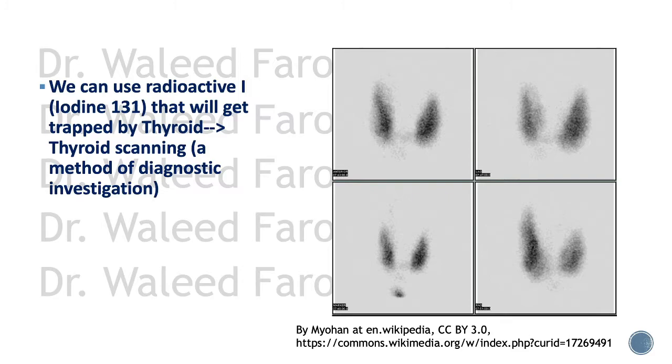It doesn't affect the body, but it's taken up by the thyroid gland. So you can take an X-ray and you will get these dotted figures. This is the thyroid scan, and this is how the thyroid looks in a thyroid scan with the radioactive isotope iodine 131.